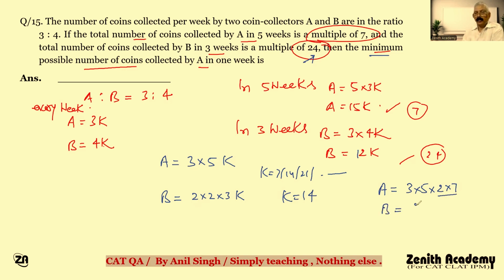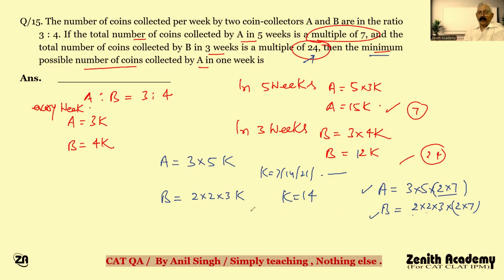And B is 2 into 2 into 3 into 2 into 7. Okay, so now A is a multiple of 7 and B is a multiple of 24. 2 into 2 into 3 is 12, and with another 2, it's 24.